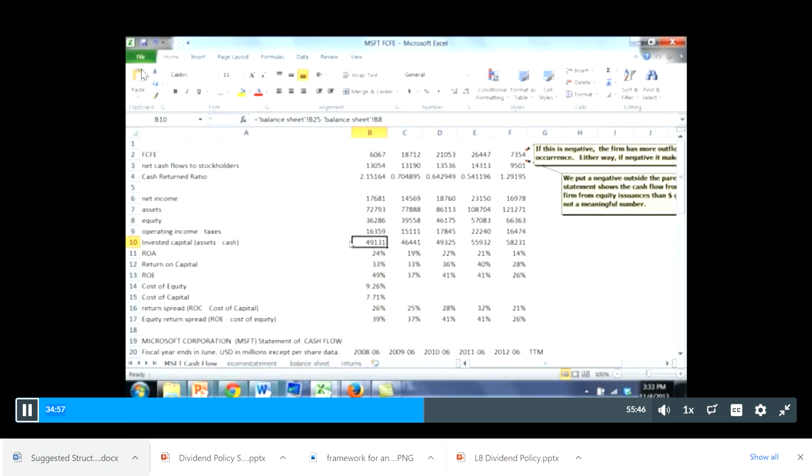So I might want to look at what they're earning on what they've invested, or I might want to look at what they're earning in total. Notice, of course, this number is bigger because it includes cash. And if I use this number as the basis for what they should be earning a return on, then I'm saying, look, if they're going to sit on all this cash, they better be earning a return that justifies sitting on this cash.